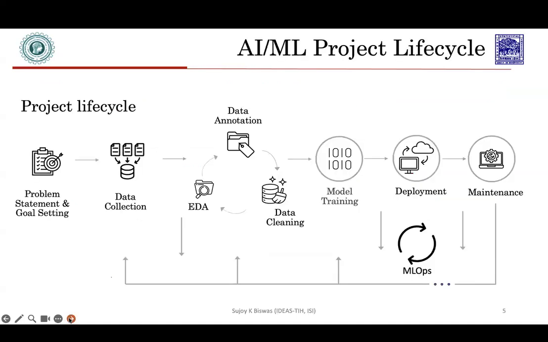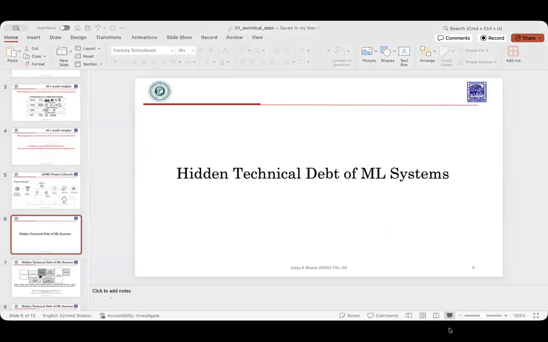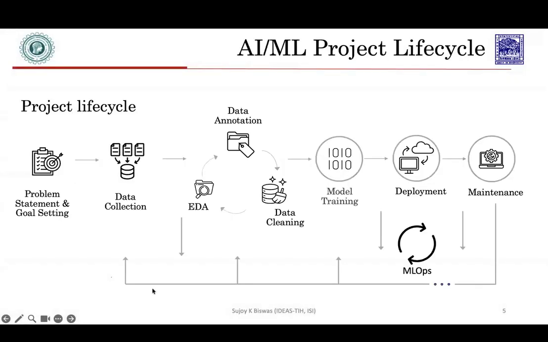So this cost perspective comes with this entire project lifecycle that I often show during my discussion, and we would keep coming to this part. Let us take a quick look. These are the components that are involved in the project lifecycle: problem statement, data collection, EDA, then model training, then deployment, maintenance, and all these things.